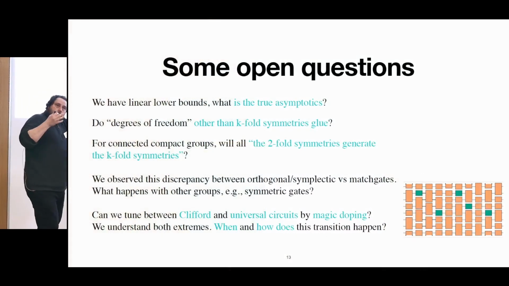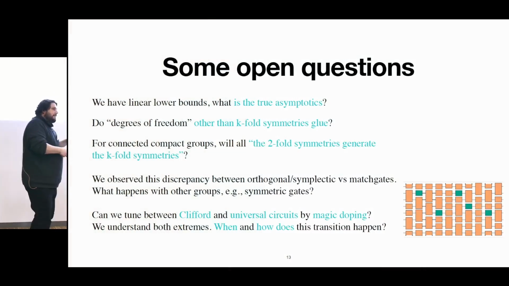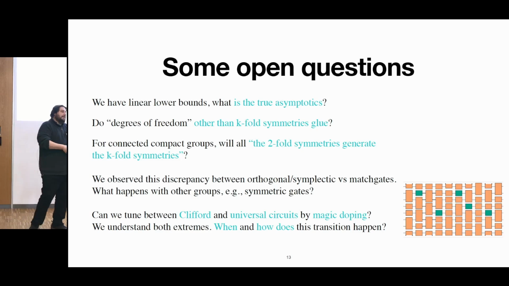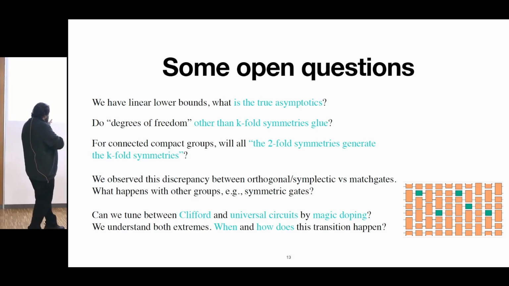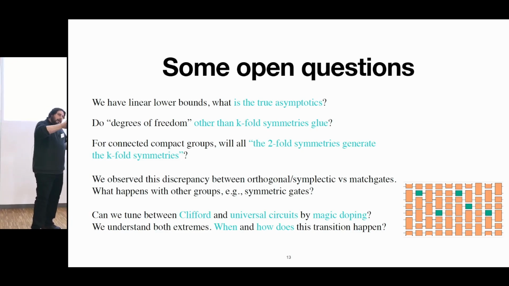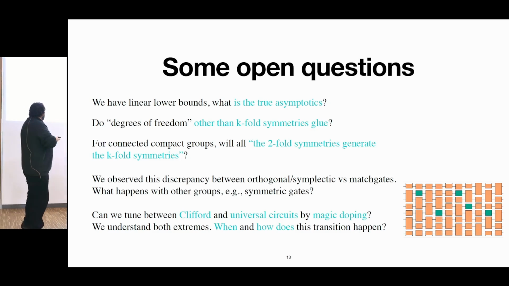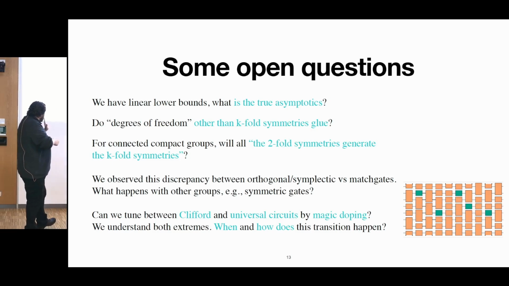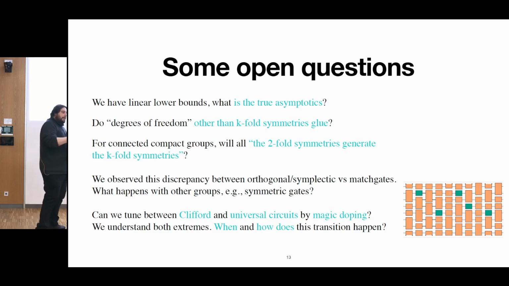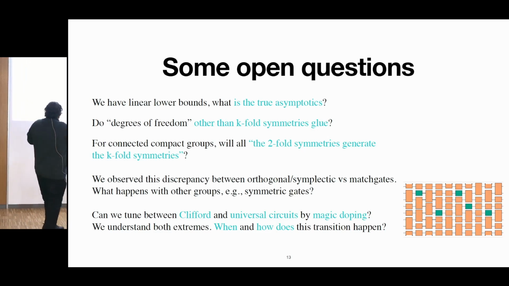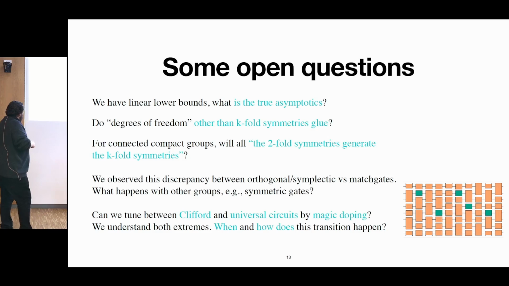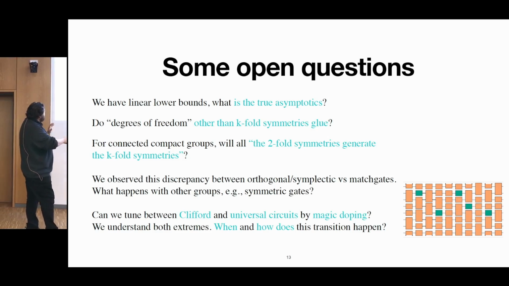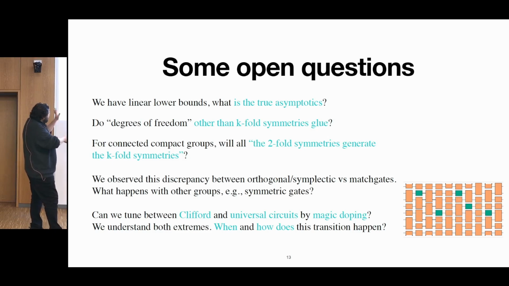Then usually in many of those cases that Lie group can be characterized with the twofold symmetries. For example, for the orthogonal group, you can characterize exactly those elements that commute with that twofold symmetry, the unitary symplectic as well. And then for those, is it true that all the twofold symmetries generate the k-fold symmetries? Actually my feeling is yes, and that could ease up this proof, this question of whether other than k-fold symmetric observables glue or thermalize.